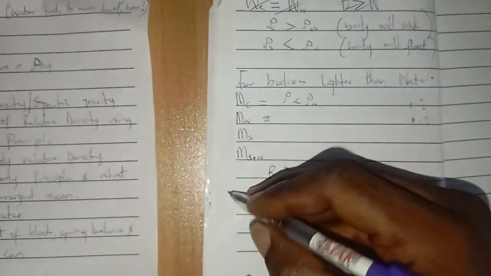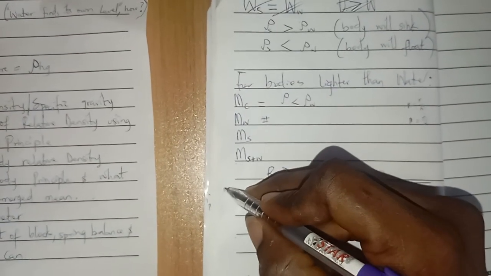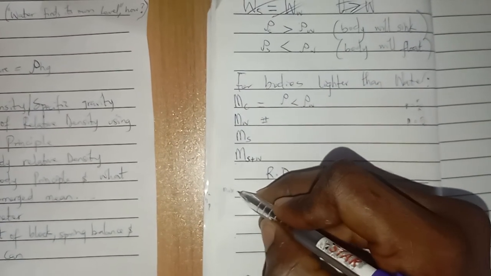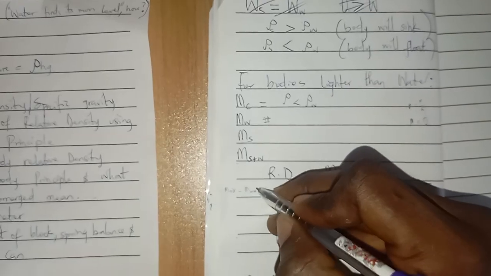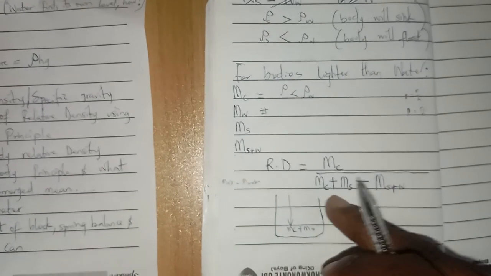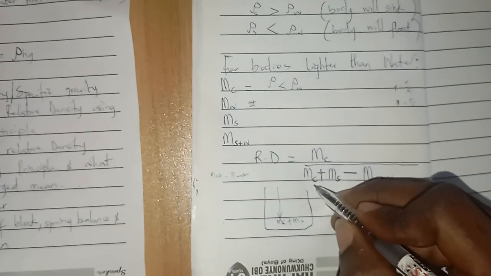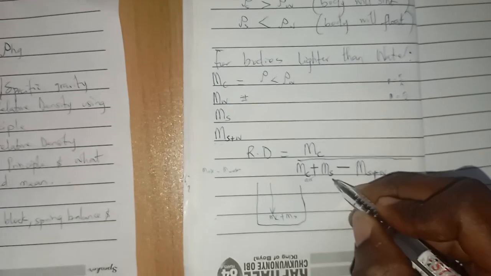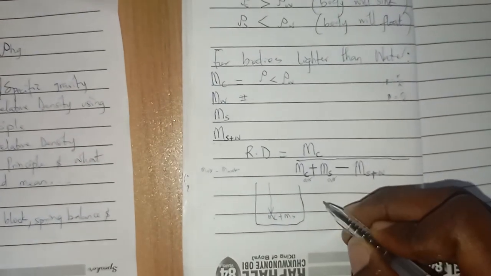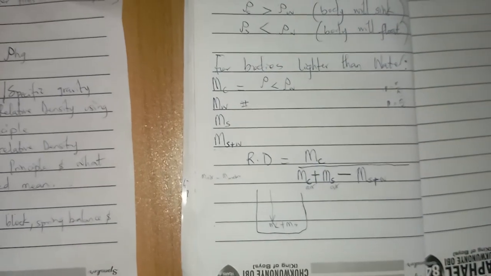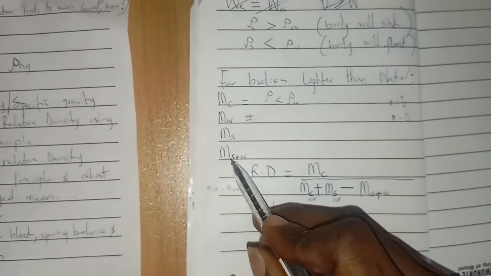If you remember upthrust down here, you say ma minus m in water. So the bigger one, mc plus ms, mass of the sinker. So it's more like mass of the cork in air and mass of the sinker in air, minus this one is now the mass of the sinker.